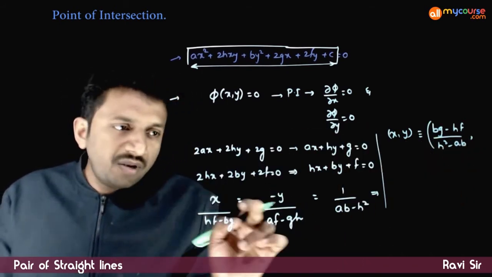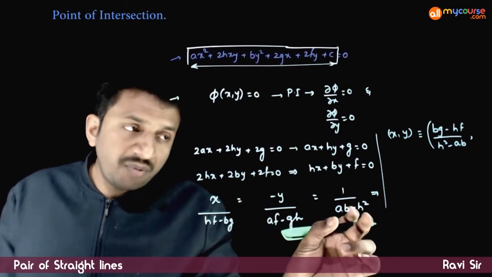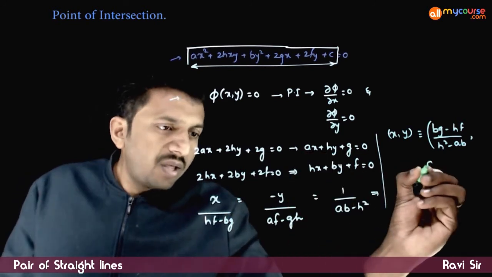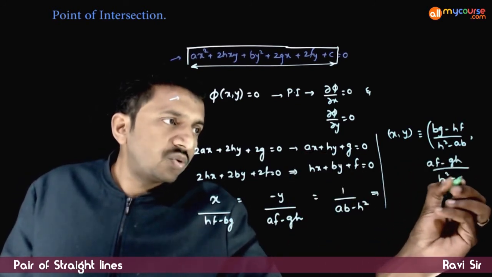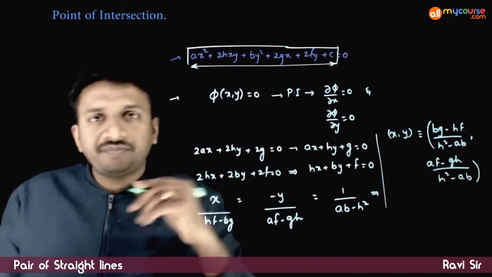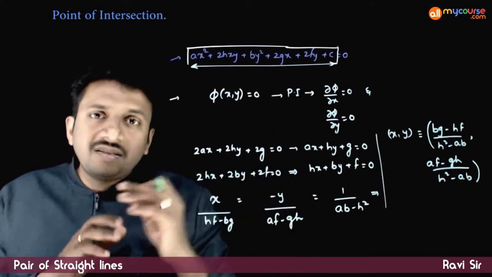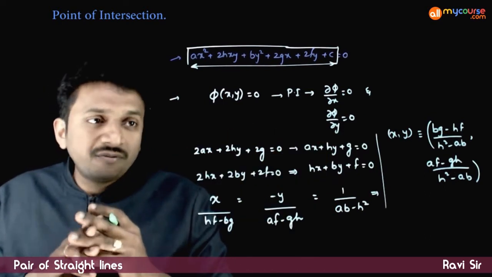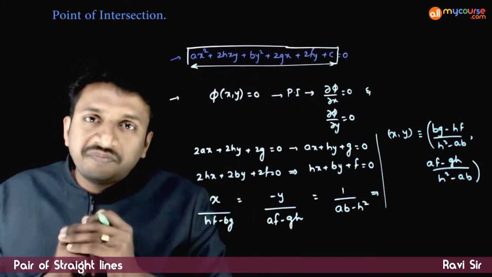If you take the minus and give it to the denominator, the denominator becomes h square minus ab. So y is af minus gh by h square minus ab. This is the expression for the point of intersection of the lines given by this equation.